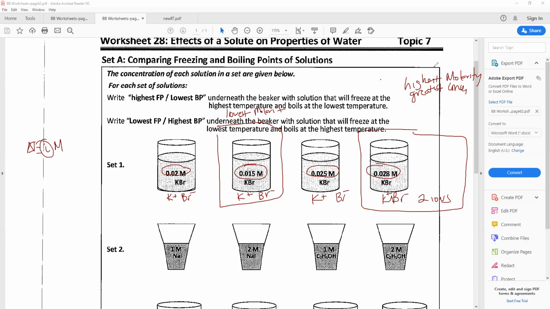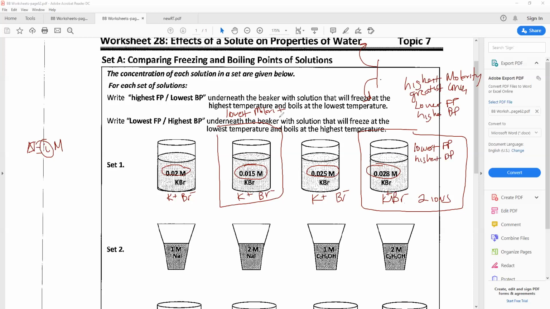The higher the molarity, the higher the concentration, what does it mean? The lower the freezing point, the higher the boiling point. So out of them all, this one is going to have the lowest freezing point and the highest boiling point.